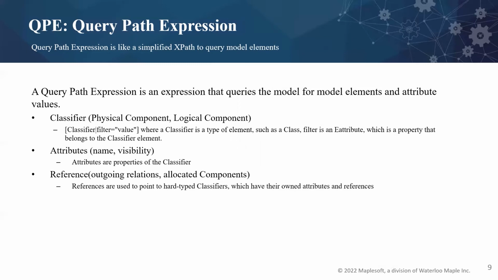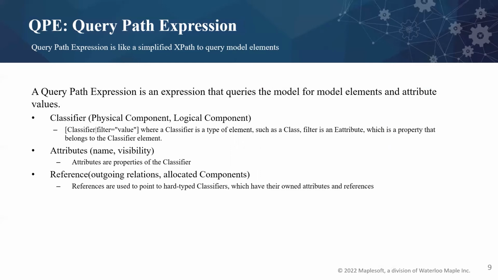And attributes are nothing but the properties of these classifiers, like the name of the physical component, or if you have defined your own values using the PVMT profile in Capella, you want to bring in certain attributes, say the mass of the physical component, or for example, if you have defined power consumption, the power consumption value of the physical component, and so on. So these are attributes. They are nothing but properties that define the classifier. And finally, the references.